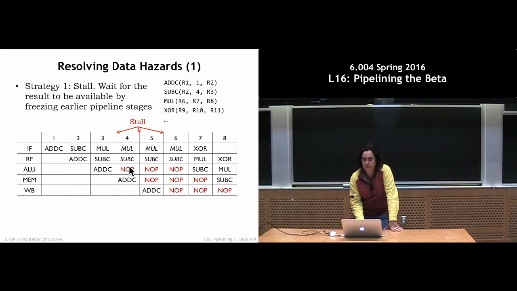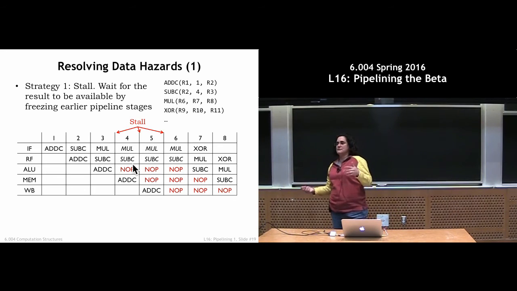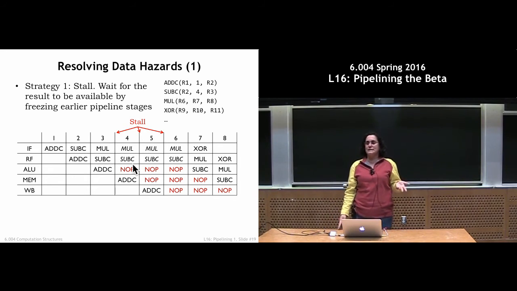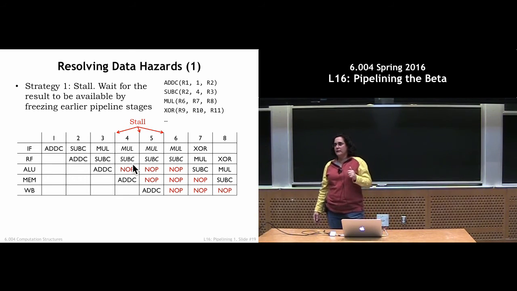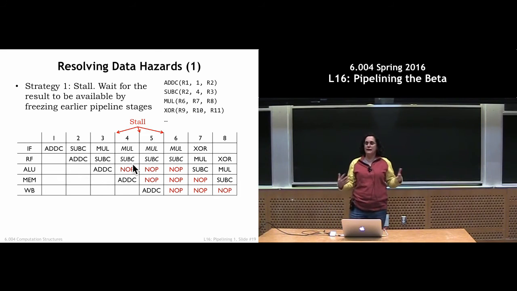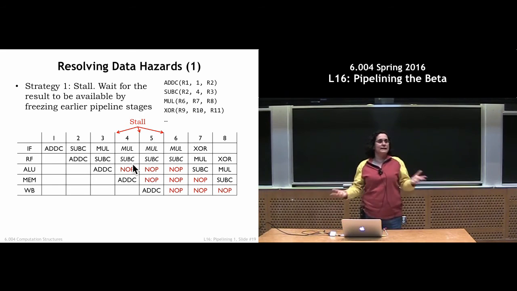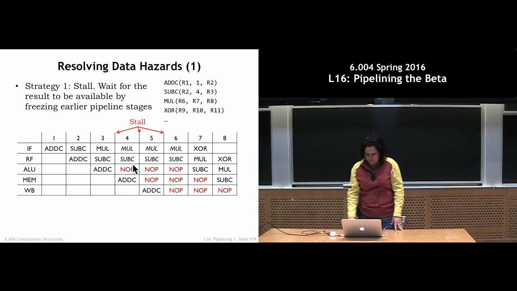What we have to do is insert what's called a no-op. No-op stands for no operation. So it's basically an operation that doesn't do anything. And there are lots of operations like that. For example, if you execute add R31, R31, R31, that's effectively a no-op, so no harm is done. It's not going to change the ultimate effect of anything you're trying to do in your program.